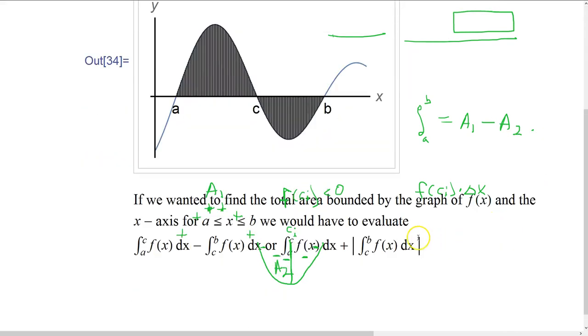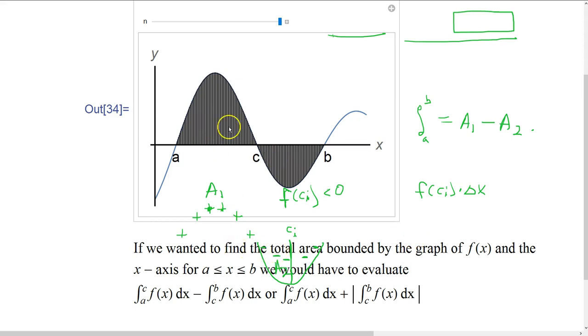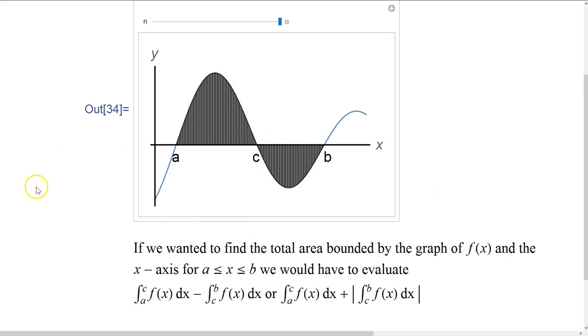Now, suppose we really wanted to find the total area, what would we do? Well, we could still do it, it would take a little bit more work. What we would have to do is find where our function is equal to 0. Now in this graphic we only have one location where our function is equal to 0. And we'd have to find where our function is positive and negative over the interval from a to b. Now in this graphic here it's positive from a to c and negative from c to b.